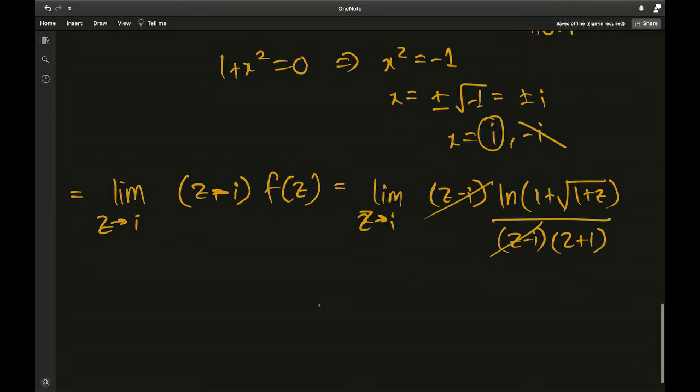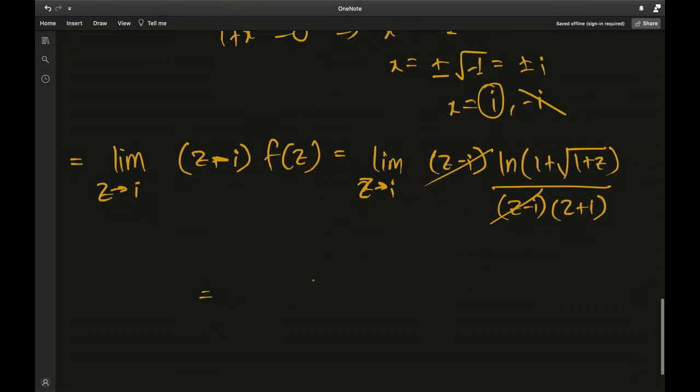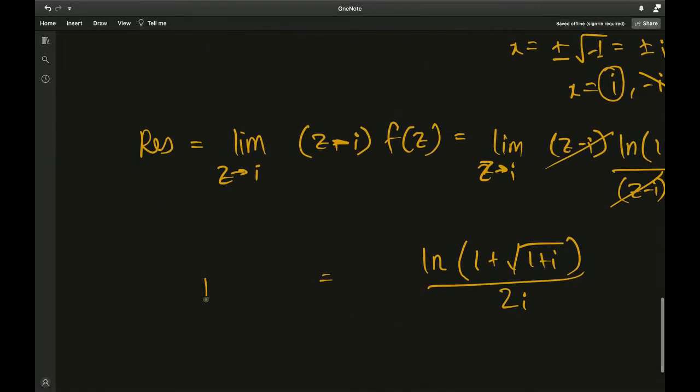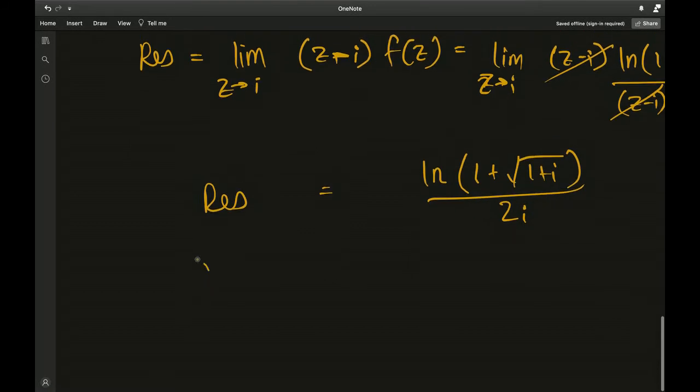This guy cancels off. Then plugging in the value, we have natural log of 1 plus square root of 1 plus i, divided by 2i. That's the residue. But according to our formula, the contour integral of f of z dz is 2 pi i times the sum of residues.